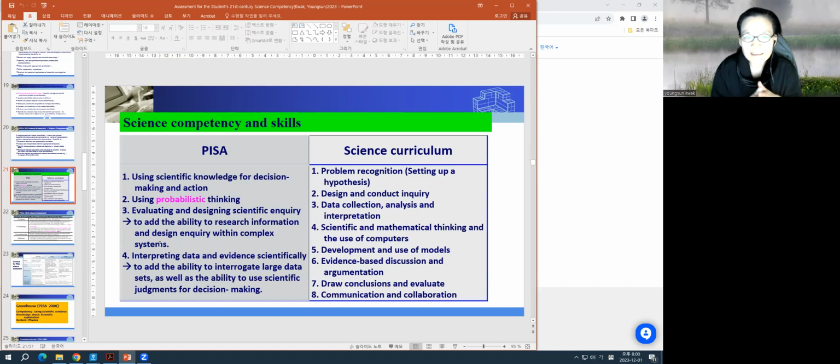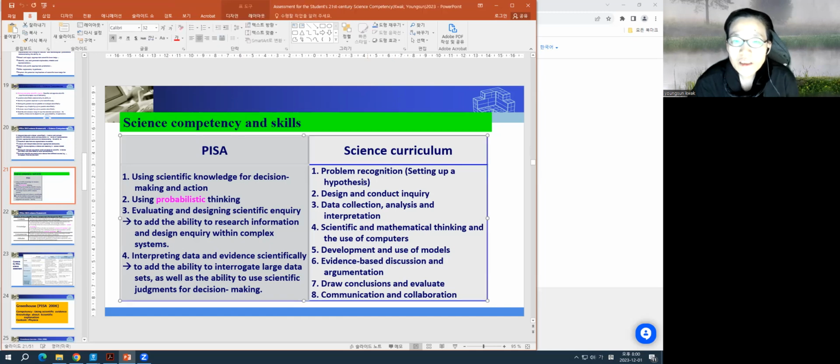And then the next step of science inquiry is to interpret data and evidence scientifically. And sometimes you need to draw conclusions and communicate your findings and your conclusions with other people, which is known as communication competency, right?